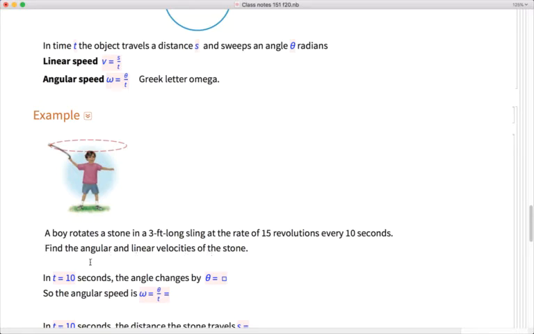Okay, so we've got the units here. In 10 seconds, what we need to do is figure out how much the angle has changed as we followed the stone for 10 seconds. The stone has spun around 15 times. So that means in radian measure, the angle has changed by 15 times 2 pi, or 30 pi.